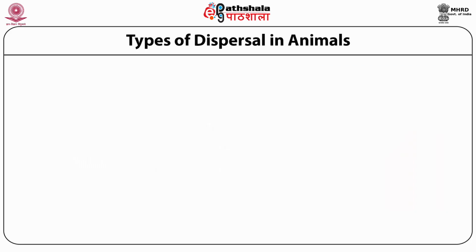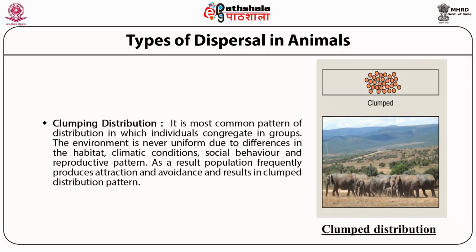Third type of distribution is clumped distribution. It is also known as clustered or aggregated distribution. It is the most common pattern of distribution in which individuals congregate in groups with some scattered individuals outside the group.